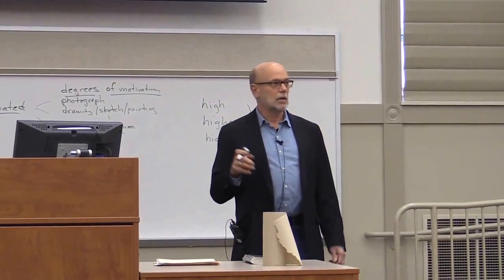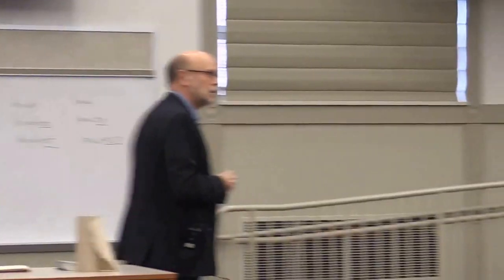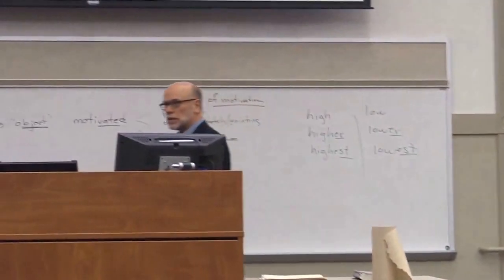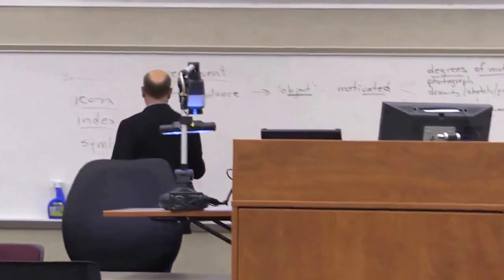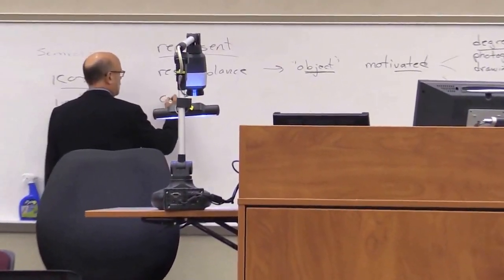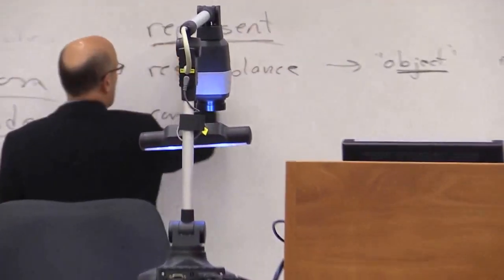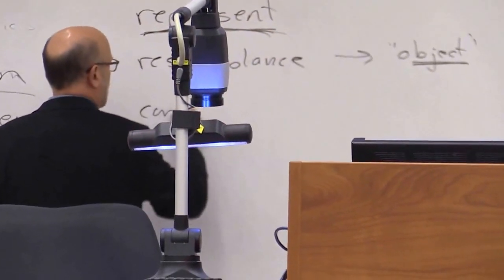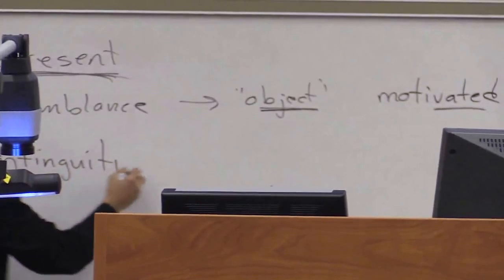Okay? So, what are some other examples, in the body or in language, of an index? Well, first, let's get clear. It's got to be connected. We use the word contiguity. It resembles, but not resembles, it represents by virtue of its contiguity or connection to its object.